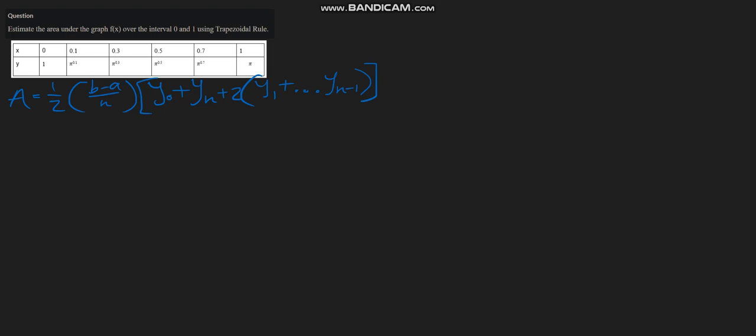So what do the b, the a, and the n mean? b equals the last x value, right?